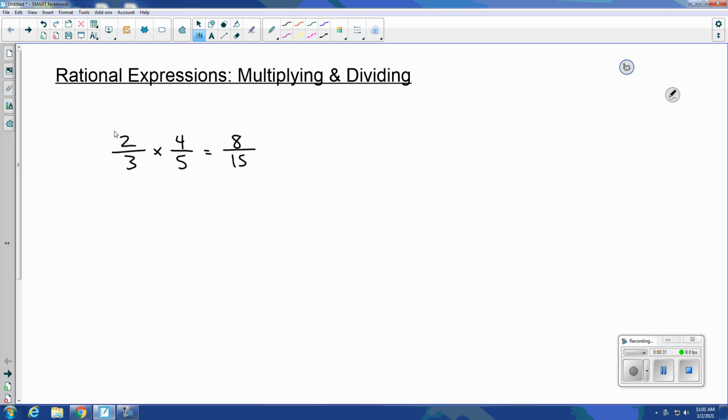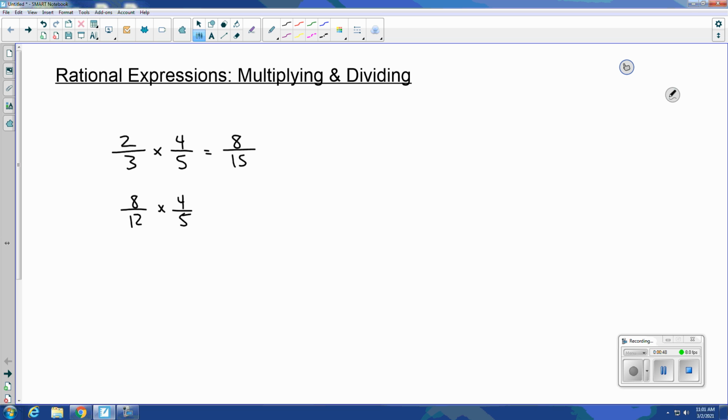And at the end, we would look to simplify that. Or maybe before we multiply, we could also look to simplify each individual piece. Let's say that instead of 2/3, we had 8/12 times 4/5.